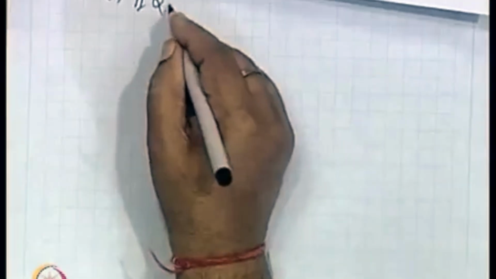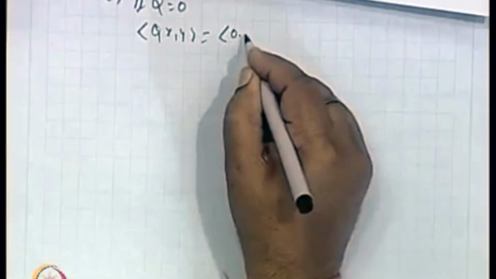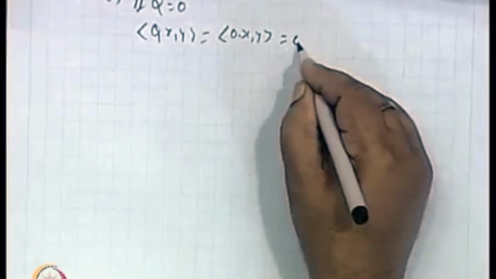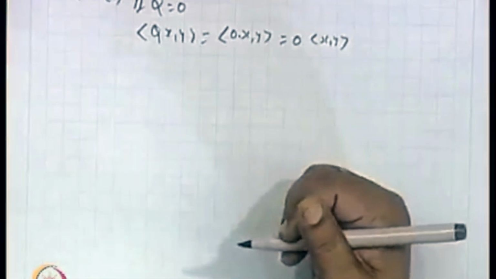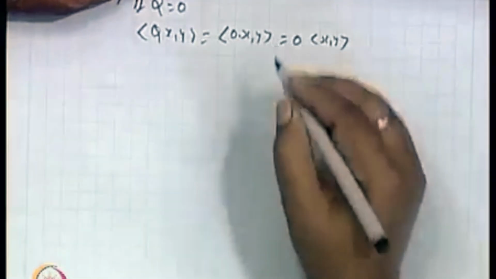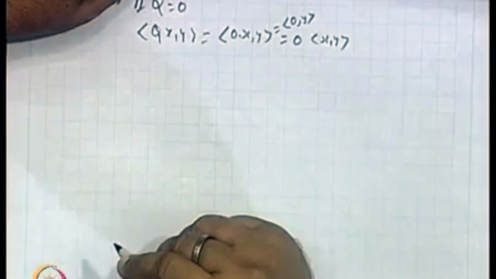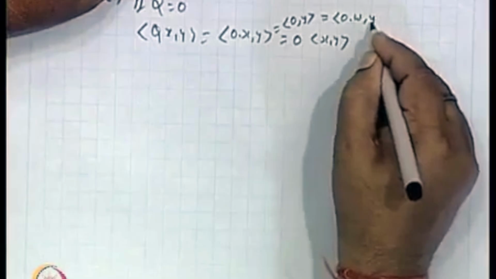So if Q is 0, then basically the inner product of Qx comma y becomes the inner product of 0 comma y, because the 0 operator sends everything to 0. Now this is 0 times w comma y, and 0 is a scalar, so you can take it out.